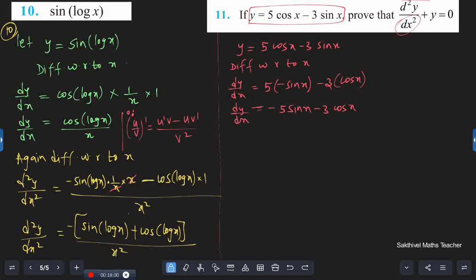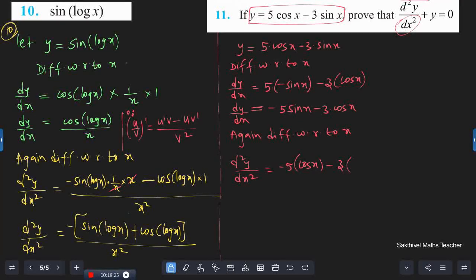Now again you have to differentiate, because they asked for the double derivative. Again differentiate with respect to x. So d square y divided by dx square is equal to minus 5, let it be as it is. Sine derivative is cos x.